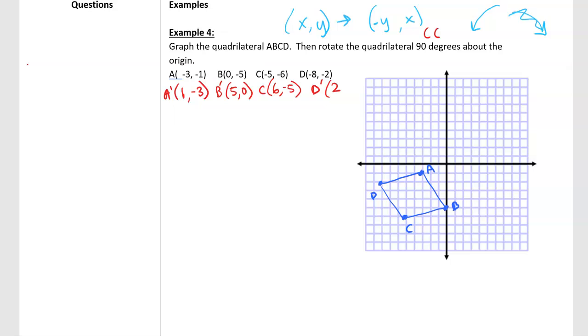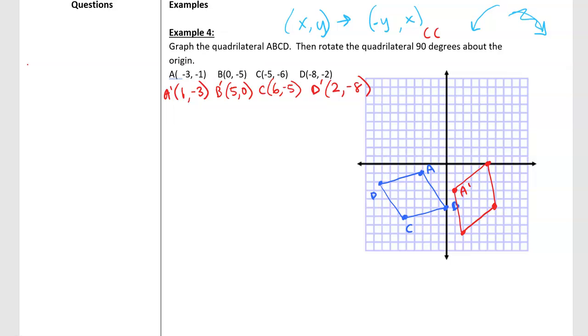Again, the Y changes to the front and switches sign, and then just keep the X the same. So 1, 1, 2, 3, 1, 2, 3, 4, 5, 0, 6, negative 5, and then 2, negative 8 is down here.